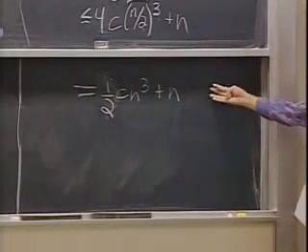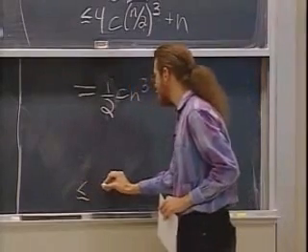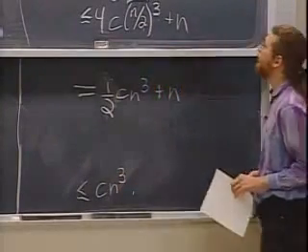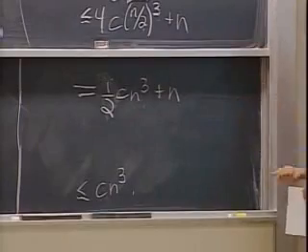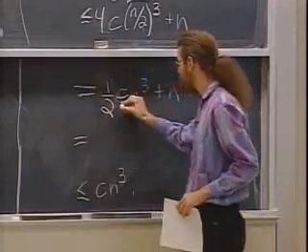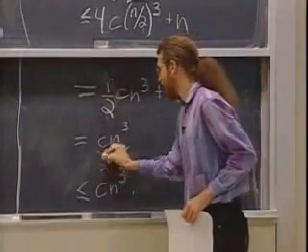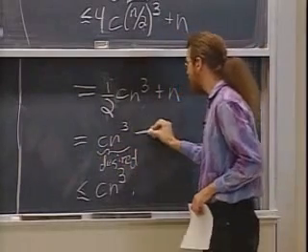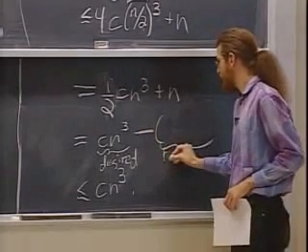And what I'd like is for this to be at most c times n cubed. That's what I'd like to prove to reestablish the induction hypothesis for n. So what I'll do is write this as what I want, the desired value, c times n cubed, minus whatever I don't want. This is called the residual.